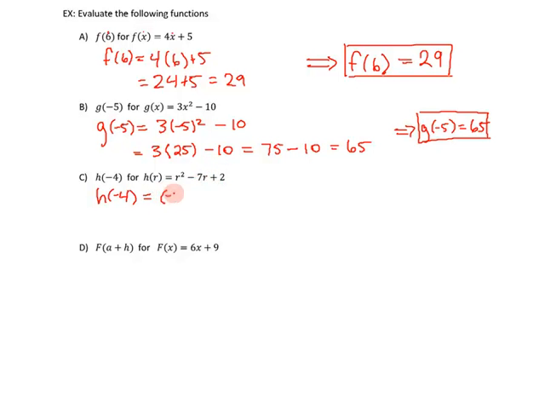So negative 4 squared minus 7 times negative 4 plus 2. This gives me 16. Minus a minus makes plus 28 plus 2. Add those all up and I get 46. So h of negative 4 is 46.